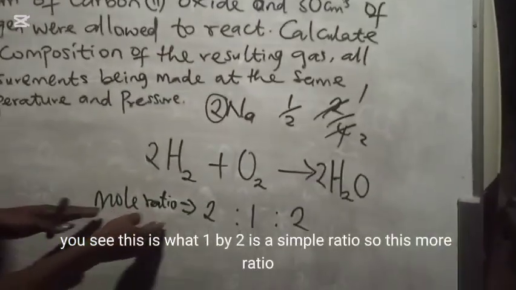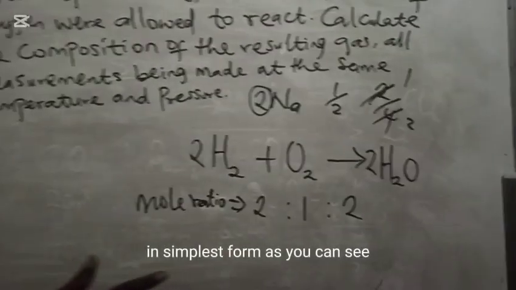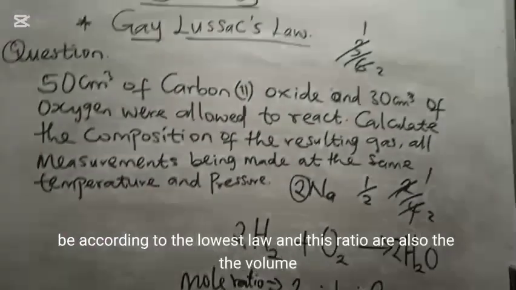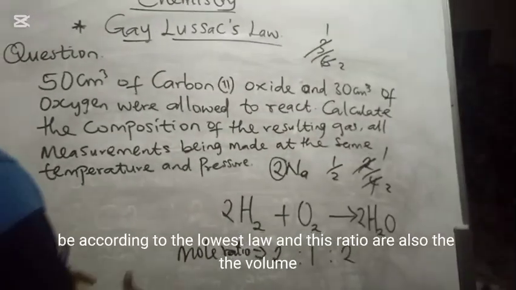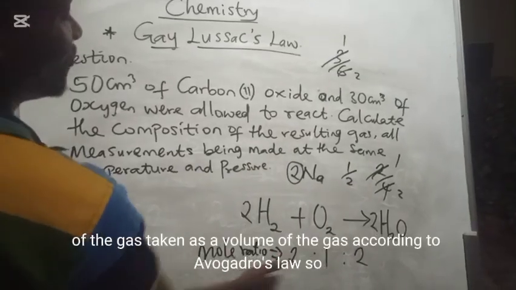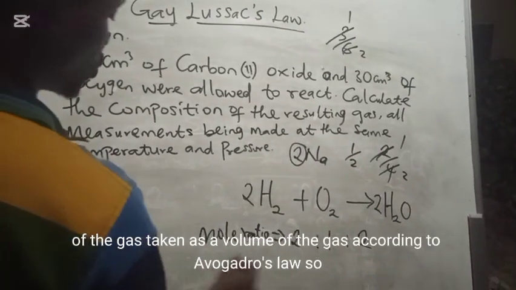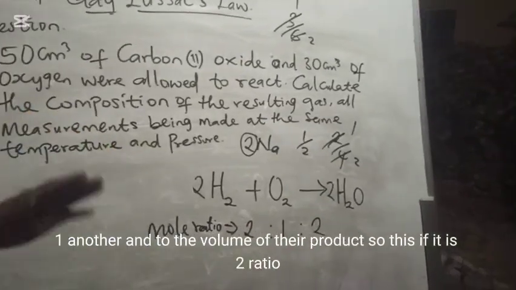So this mole ratio is in simplest form, as you can see, according to Gay-Lussac's law. And this ratio is also the volume of the gas, according to Avogadro's law. So they have simple ratio to one another and to the volume of their product.